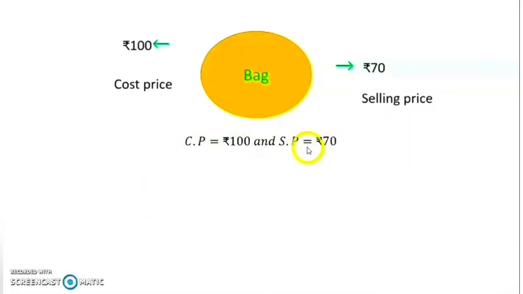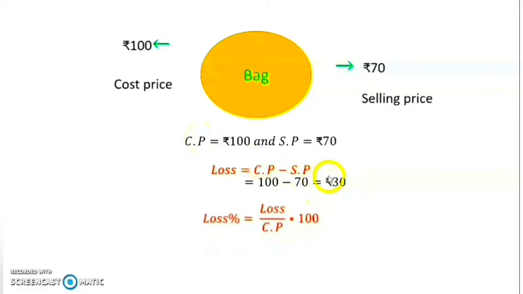Here, instead of gaining any amount, you will have to face a loss, and that loss will be given by the cost price minus the selling price. That is 100 minus 70, which will give you a rupees 30 amount. That is, you will have to face a loss of rupees 30.